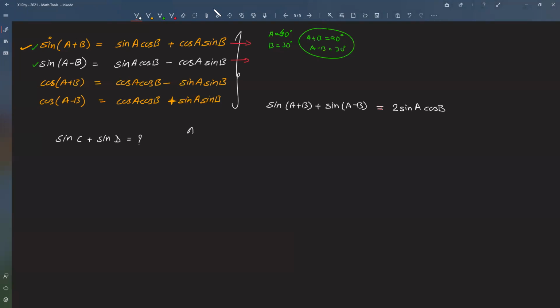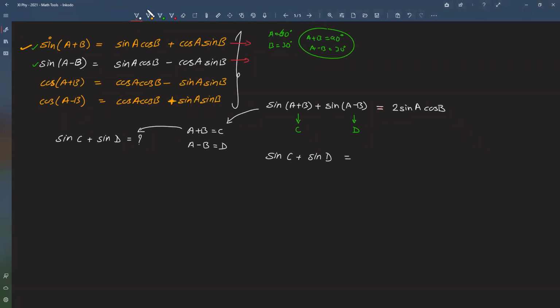Now, if I want, I can write this A plus B as C and A minus B as D, because I want this formula. From this, I want to have that. So instead of A plus B, I'm going to replace A plus B with C and A minus B with D. If I do that, on the left hand side, I'll get sine C plus sine D. But on the right hand side, you have an expression in terms of A and B, which doesn't make any sense, right?